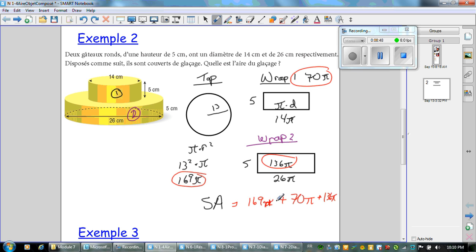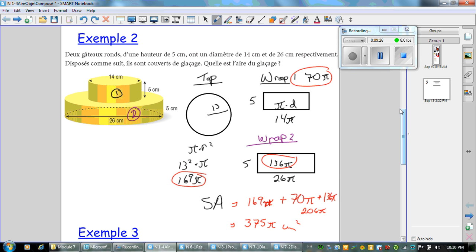That's going to give me, well, let's see, 136 plus 70, that's 206, these two here, 206 pi. So 169 plus 206, so that's going to be 375. So 360 plus 15, 375 pi centimeter square.